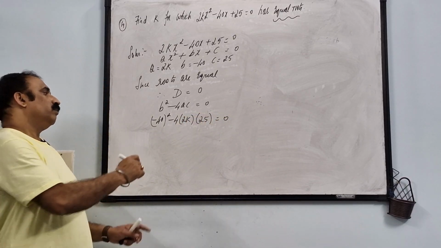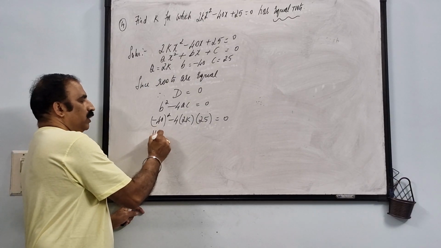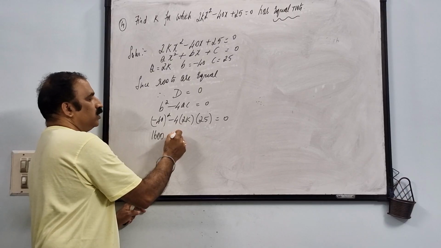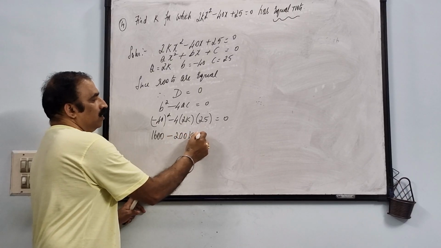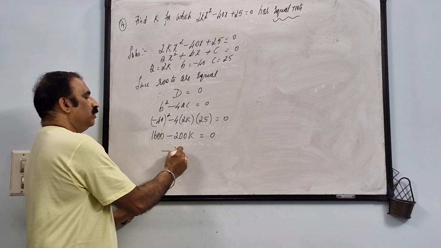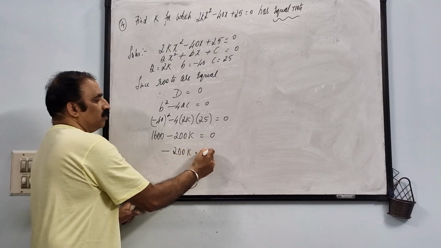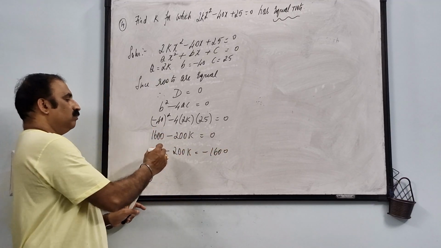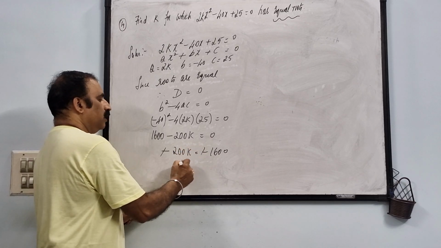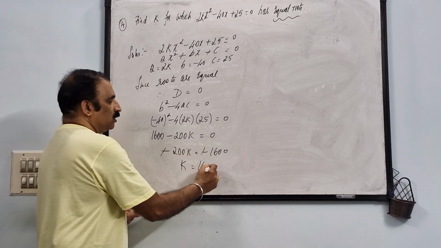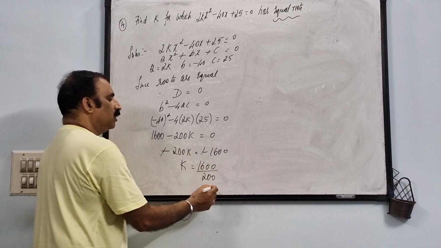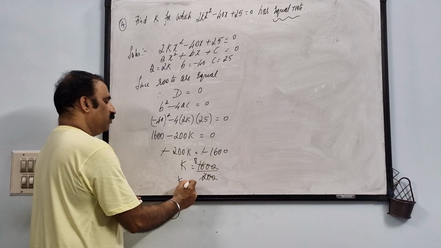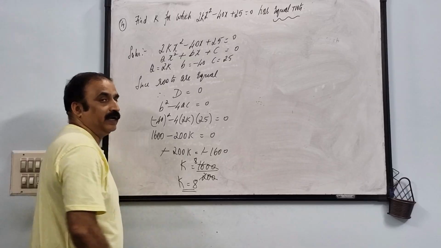Minus 40 square is 1600, minus 4 into 25 is 100, 100 into 2k is 200k, equal to 0. So minus 200k is equal to minus 1600. Shifting that 1600 across the equal sign, the minus gets cancelled. k is equal to 1600 divided by 200. Cancel, 8 twos are 16. So k value is equal to 8.